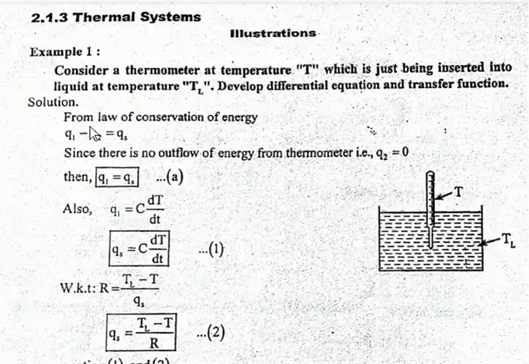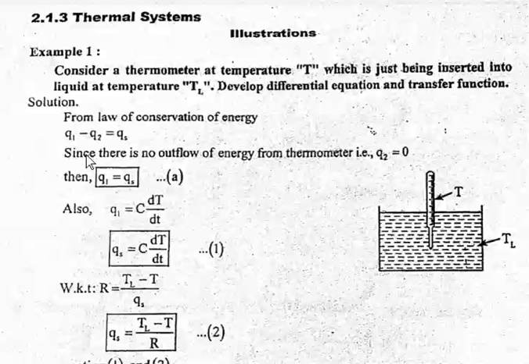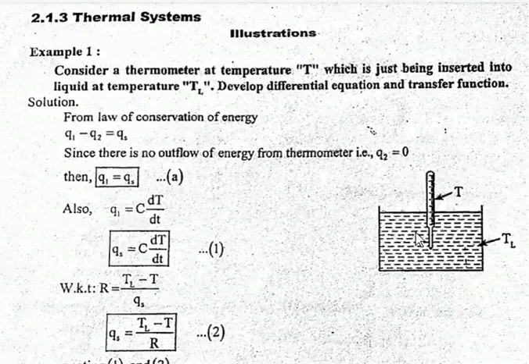So from the law of conservation of energy, Q1 minus Q2 is equal to Qs. Q1 is the heat supplied and Q2 is the heat outflow. Q1 is the inflow of energy to the container, Q2 is the outflow of energy, and Qs is the difference between these two, which we call the storage energy.